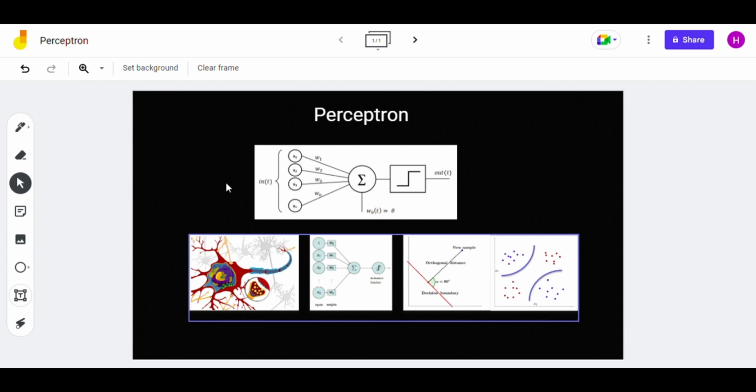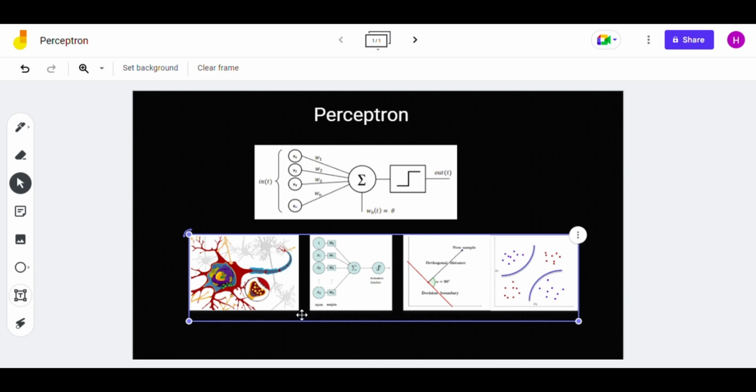A neuron consists of several inputs, and all of these inputs are processed in a nucleus, and the nucleus can be named as hidden layers when talking about a perceptron. And after it's processed, an output is generated, and that output is received as an input to other various neurons, and that is how a neuron works.